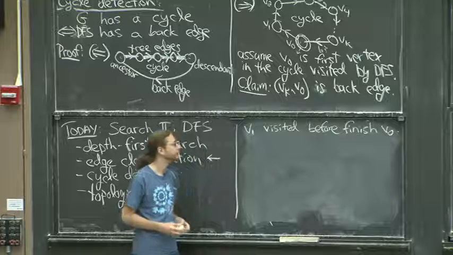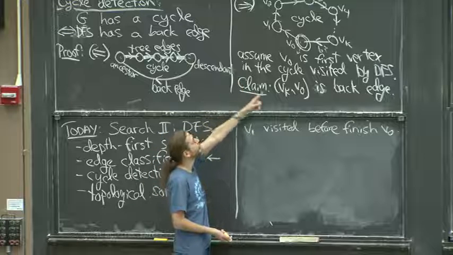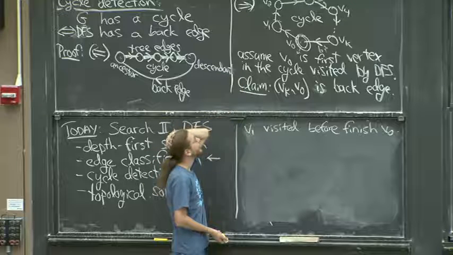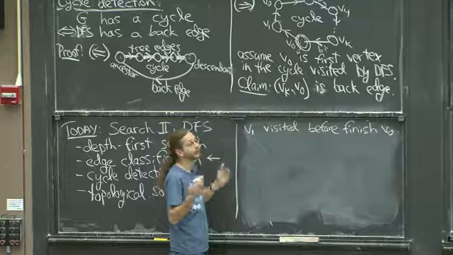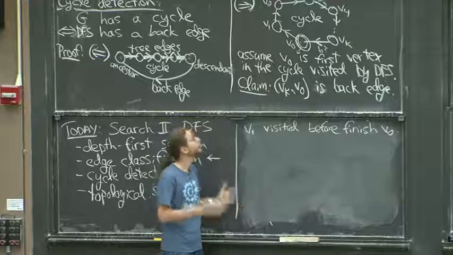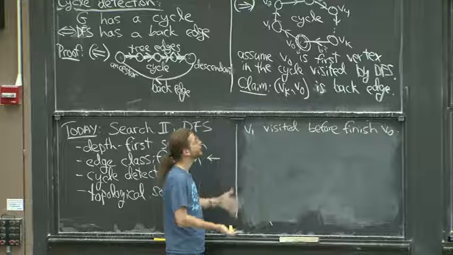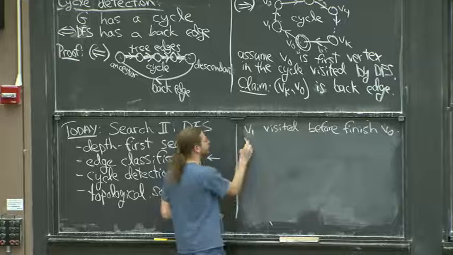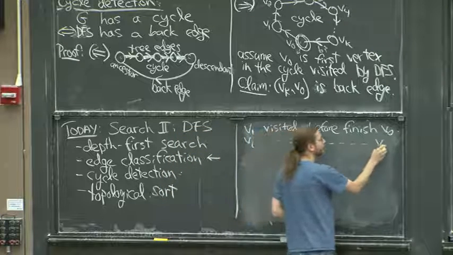So you can prove this by induction. You have to visit v1 before you finish visiting v0. You'll have to visit v2 before you finish visiting v1, although you might actually visit v2 before v1. You'll finish v2 before you finish v1, and so on. So vi will be visited before you finish vi minus 1.